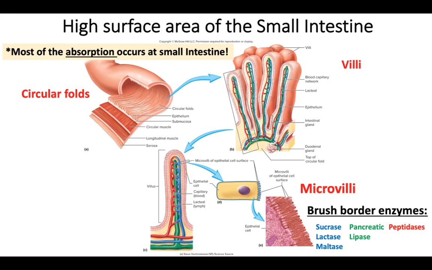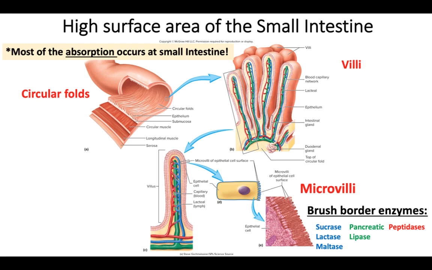Now, the small intestine also produces some enzymes. Remember, up till this point, they were all coming from the pancreas. But the small intestine will produce enzymes we call brush border enzymes. They refer to brush border because the microvilli make that small intestine look like a brush. And these enzymes sit along those microvilli and basically finish off the digestion.